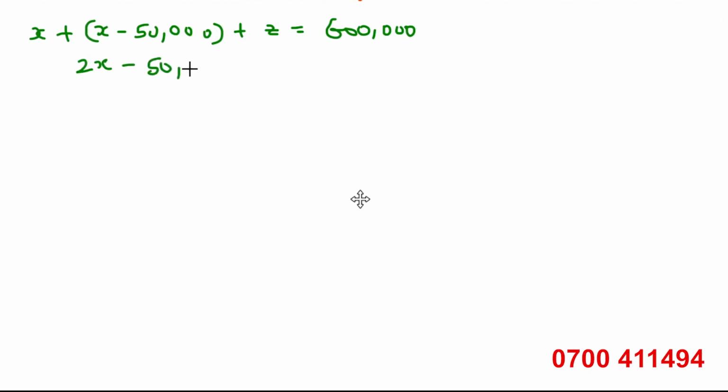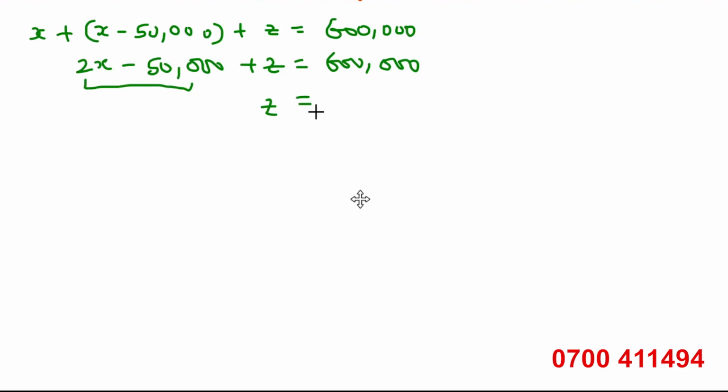If we try to simplify this, it will be 2x, we just add x plus x, minus 50,000, then plus z equals 600,000. So I can make z the subject of the formula here by taking every other term to the right.